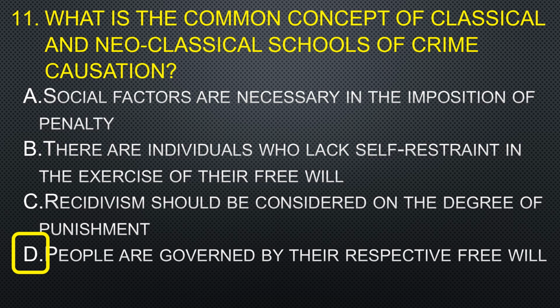In classical, they do not consider those individuals lacking self-restraint in the exercise of their free will. So in the classical school, recidivism should be considered on the degree of punishment, that is on the neoclassical. So what is common between the neoclassical and the classical is that people are governed by their free will.